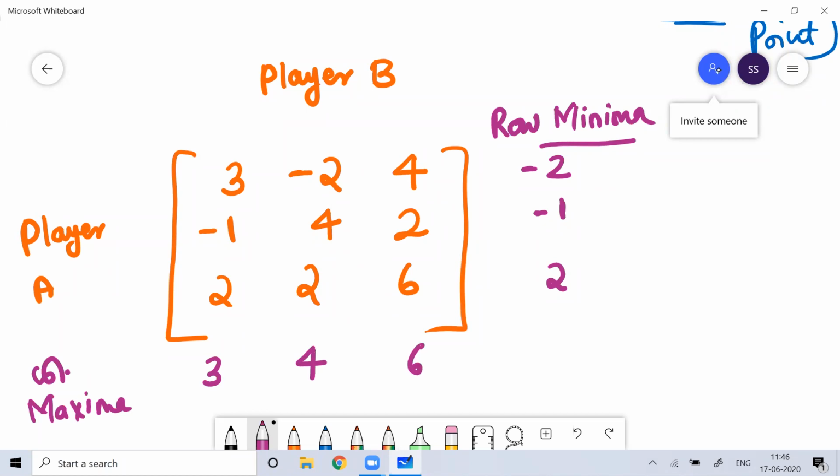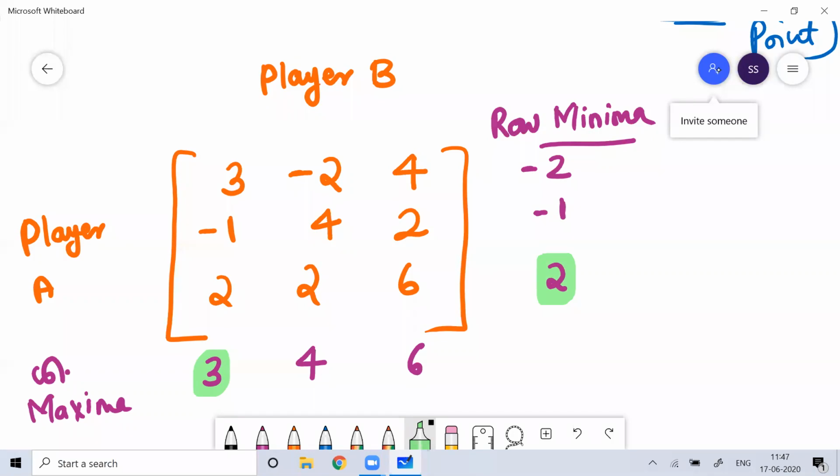Out of all column maxima, you have to find the element which is the lowest one, and out of all row minima, the element which is the largest one.